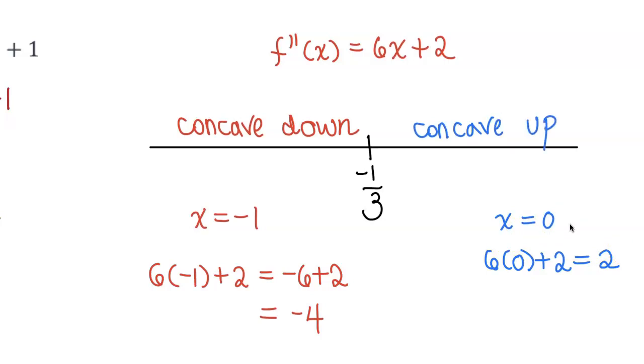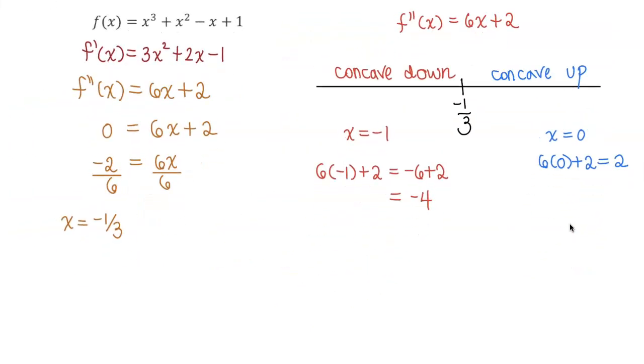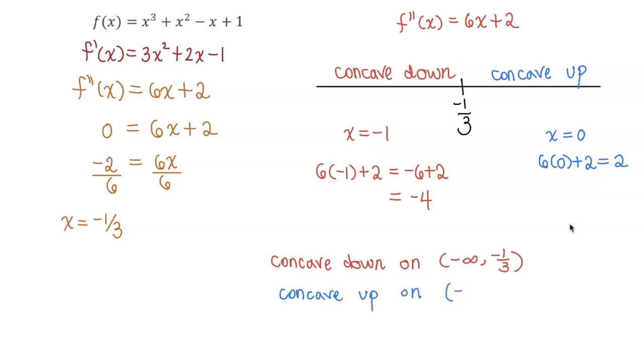up. So we're going to write down that this graph is concave down on -∞ to -1/3 and concave up on -1/3 to infinity, and that we have a point of inflection at -1/3.